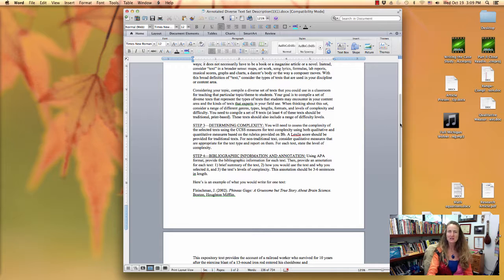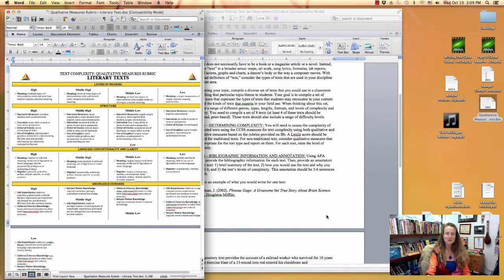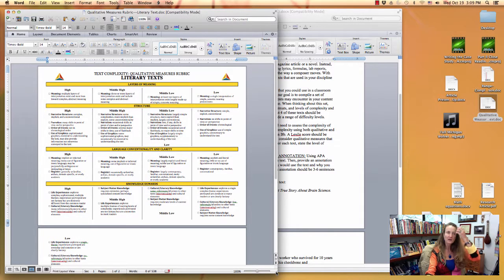The next step is looking at text complexity. We've talked about this already for your tackling the text assignment, but posted also on Blackboard in this particular assignment are some of the measures we use to determine text complexity. For example, here's one qualitative measure of literary texts. There's also a qualitative measure of informational text where you're looking at different levels of the text, in this case, layers of meaning, structure, language conventionality, and knowledge demands, ranking each high, middle, or low.